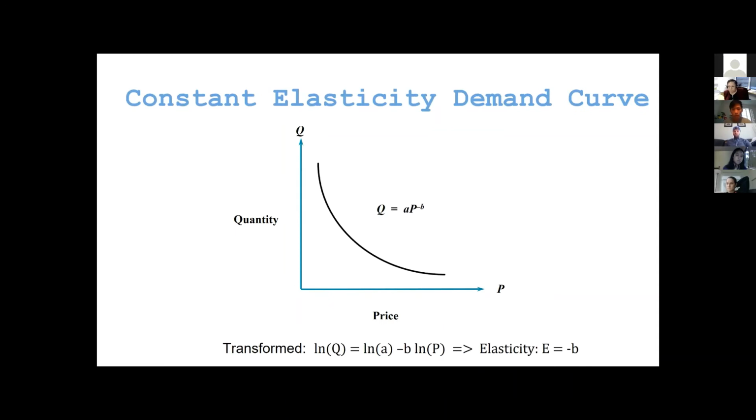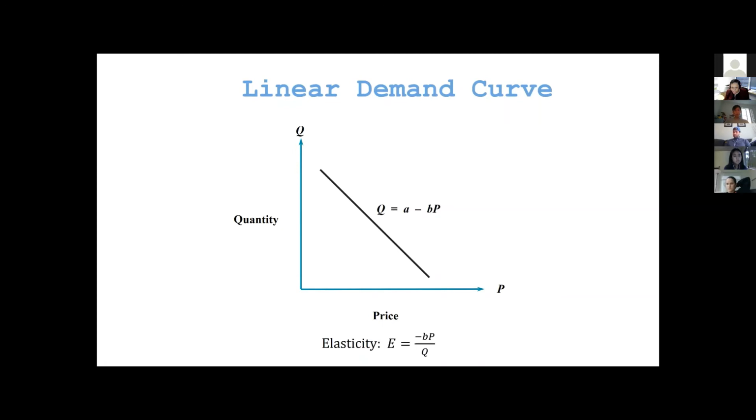Now, here's a different type of demand curve where it's not linear, but it's curvilinear. And in this particular one, it assumes that elasticity is constant. Because I should point out, in a linear demand curve, going one slide back, because it's negative B times P divided by Q, it's not going to be constant.